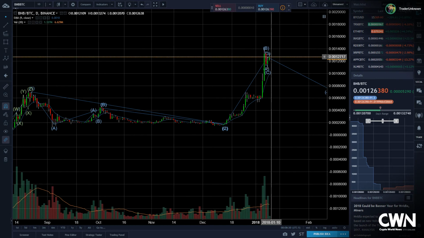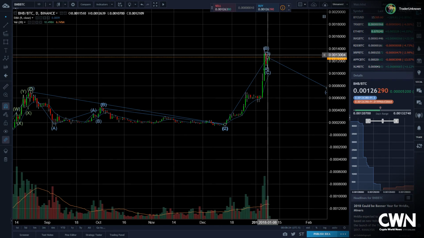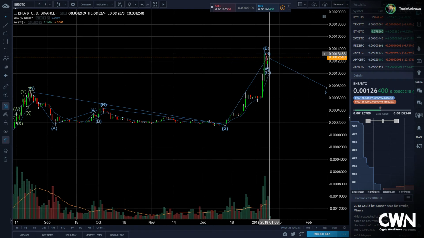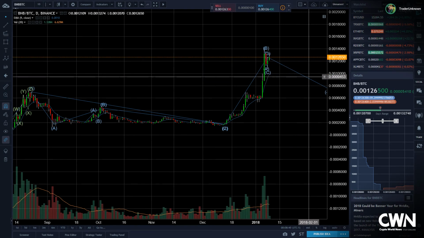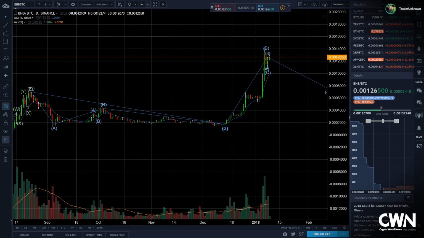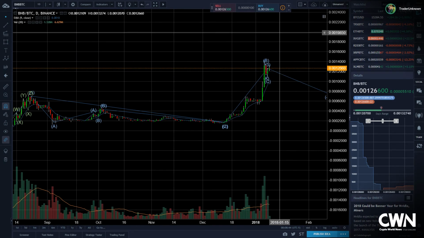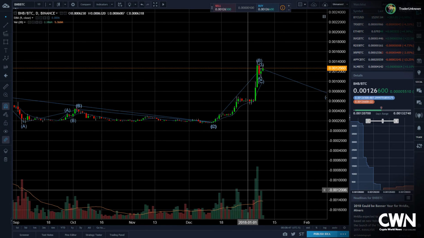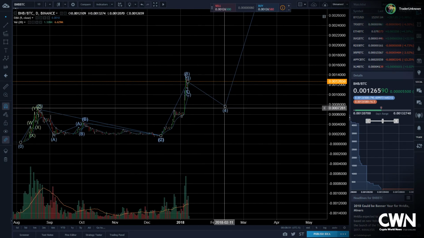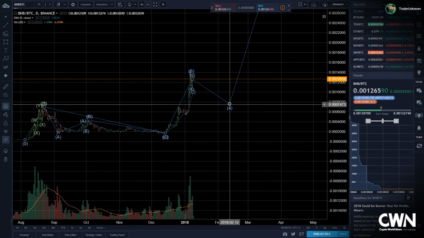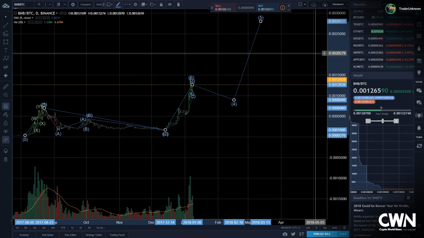So you could buy it here, but just be aware that you may have to suffer some heat, some pullback, because I don't know if it's going to pull back more or not. It could just continue shooting off. I don't know. In the long run, if you do buy it here and you do have to suffer through some heat, it's only going to be setting up for even higher, more bullish prices.